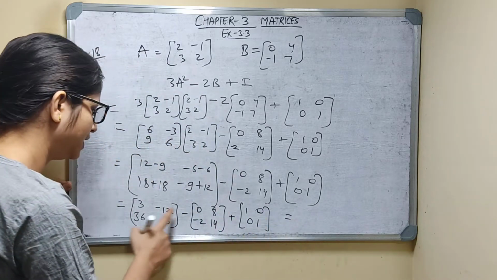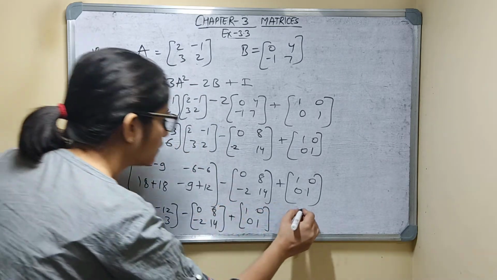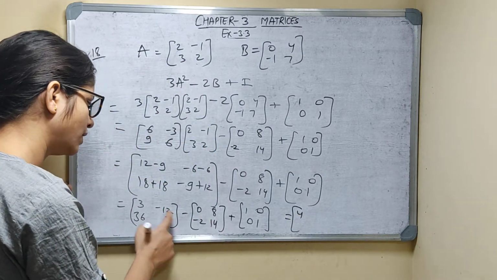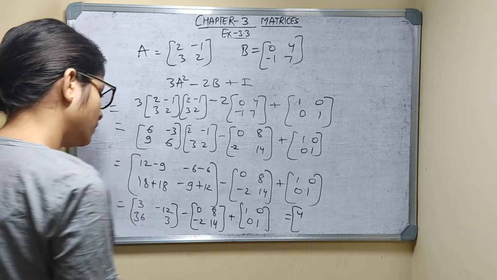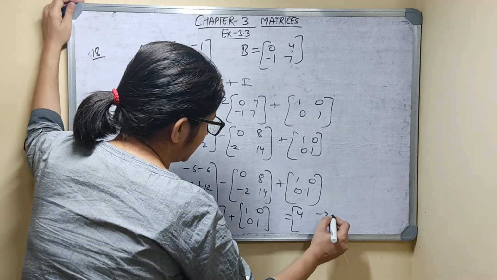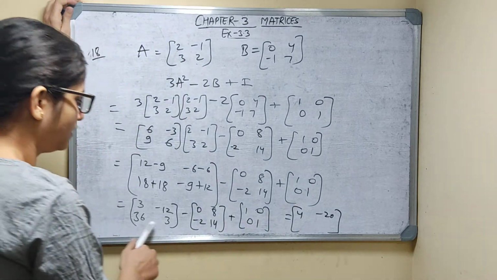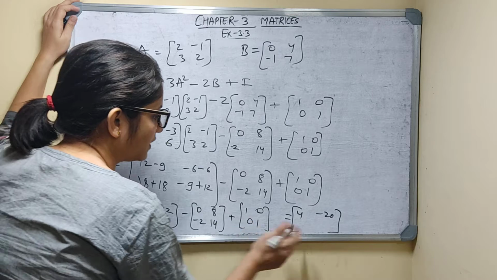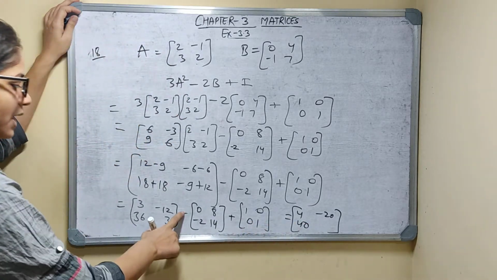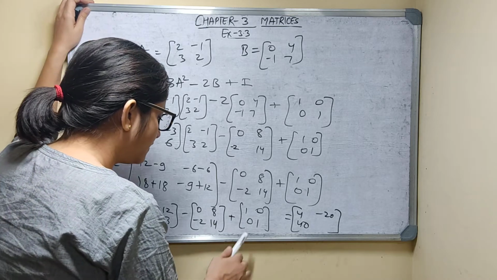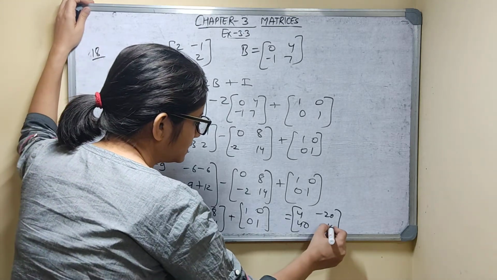3 minus 0 plus 1, so 4. Minus 12 minus 8 plus 0, so minus 20. Then 36 minus minus 2, 36 plus 4, 40 plus 0, 40. 3 minus 14, so minus 11, minus 11 plus 1, minus 10.